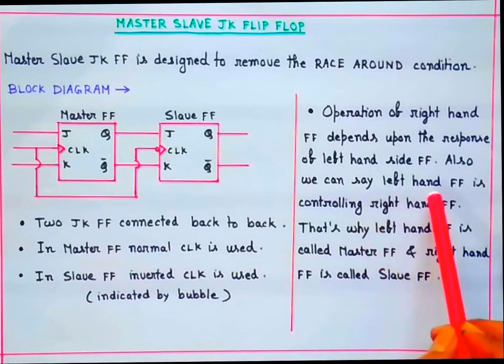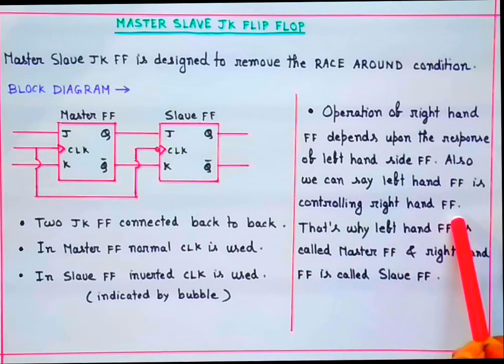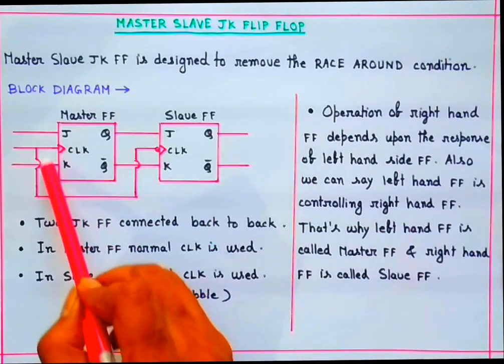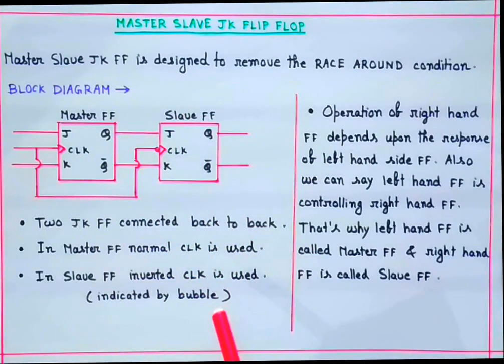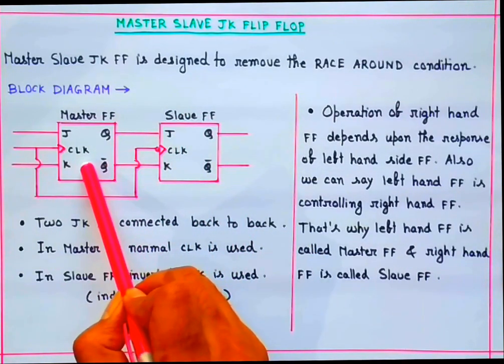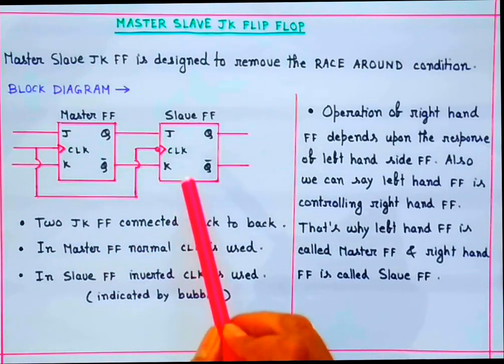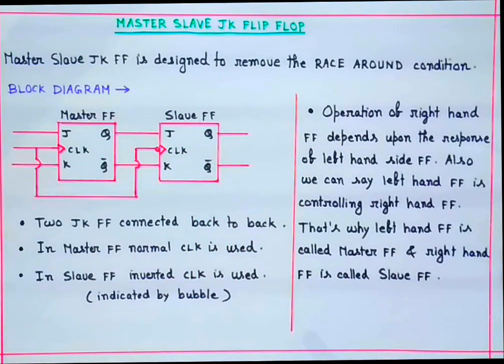Also we can say the left hand flip-flop is controlling the right hand flip-flop. You can see from this figure that this flip-flop is controlling this flip-flop. That's why this left hand side flip-flop is called master flip-flop and this right hand side flip-flop is called slave flip-flop.